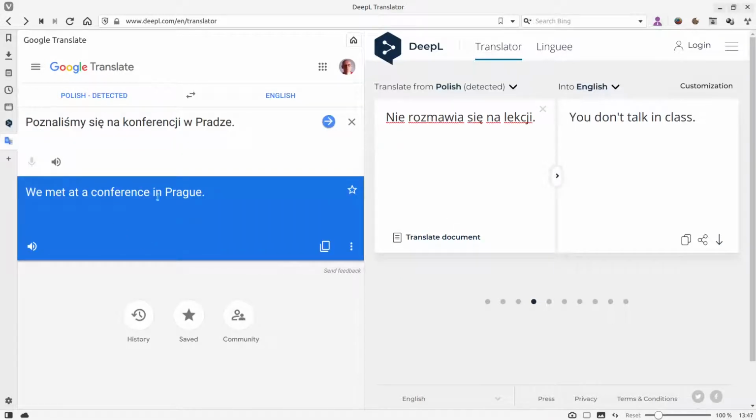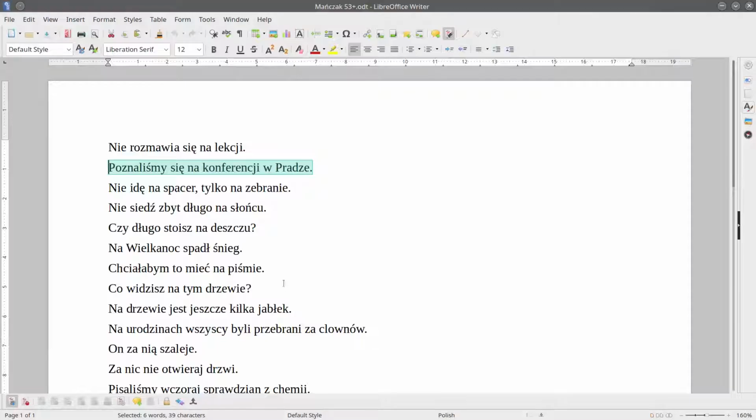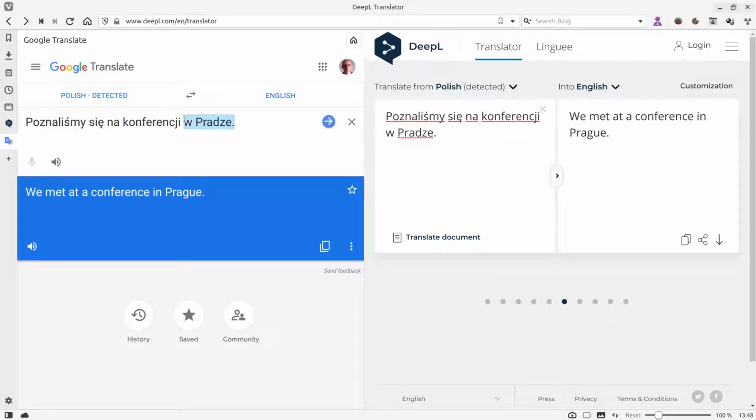We met at a conference in Prague. We met at a conference in Prague. No problems here. And actually, I feel tempted to modify this sentence. Let's remove the place.